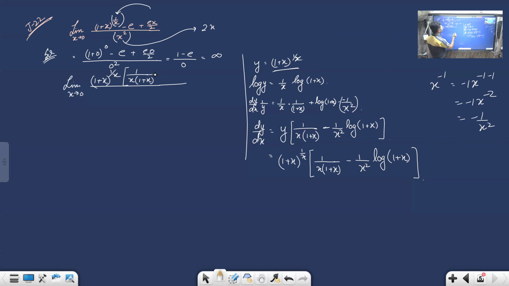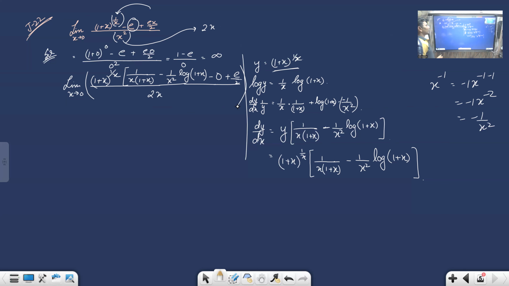Not yet, sir. I have not yet completed: minus 1 by x square log(1 plus x). This is just the derivative of the first part. Derivative of e, constant, is 0. And derivative of ex is plus e by 2, and in the denominator you have got 2x.